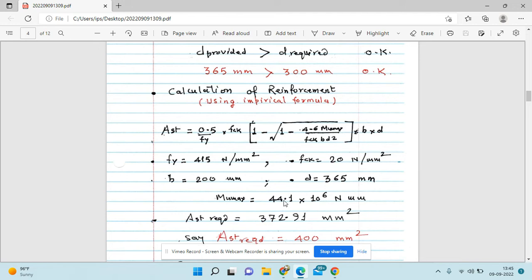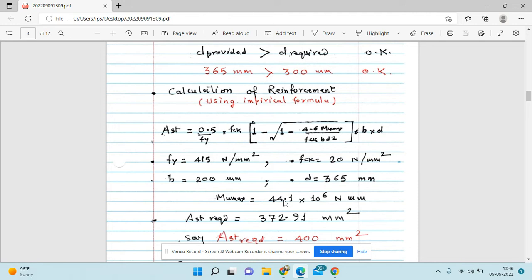One is already given in IS 456 page number 96 for finding out the area of steel, and another is an empirical formula: 0.5 upon Fy into Fck into bracket 1 minus under root of 1 minus 4.6 Mu max upon Fck Bd square, bracket close, into B cross D, where Fck is 20, Fy is 415, and Mu max is 44.1 into 10 to the power 6.